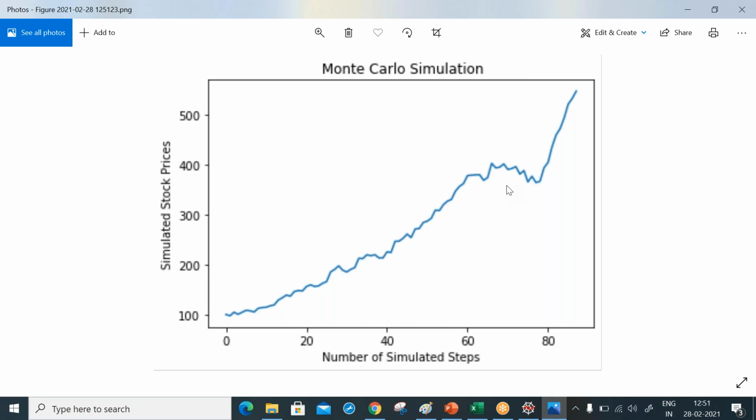You will be seeing only the one-liner graph. It is something similar to what we had yesterday. Simulated prices, the number of simulated steps that we are having, which is around 88, because 22 into 4, and the price for each step. As our expected return is positive, it is an increasing curve.